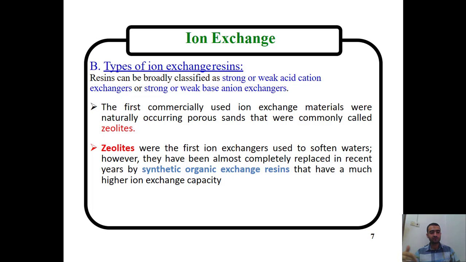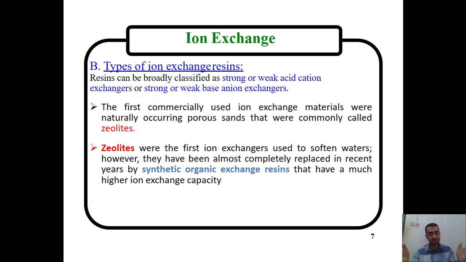So from that we have different types of ion exchange resins. The resins can be broadly classified as strong or weak cation exchangers, and strong and weak base or anion exchangers. This also depends on the displacement series.